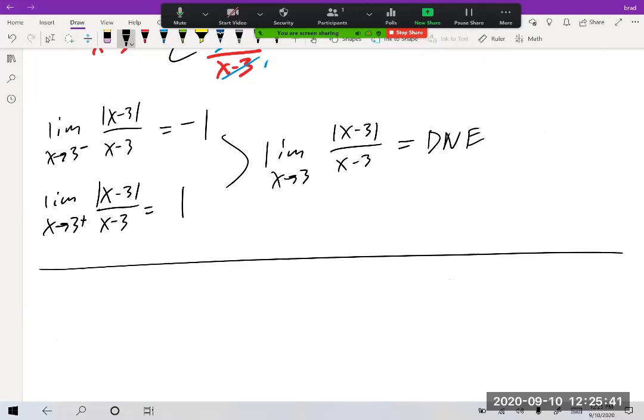Okay, so let's look at a couple theorems real quick.